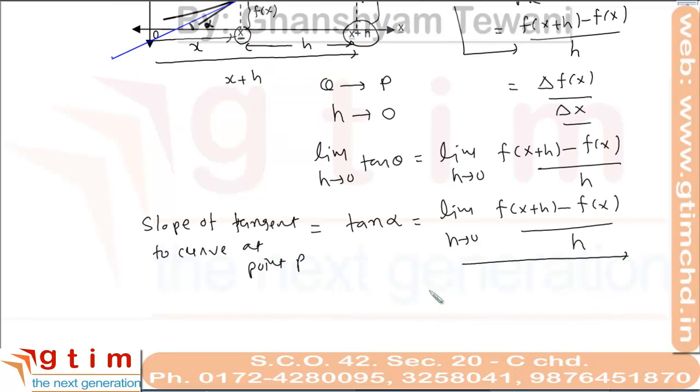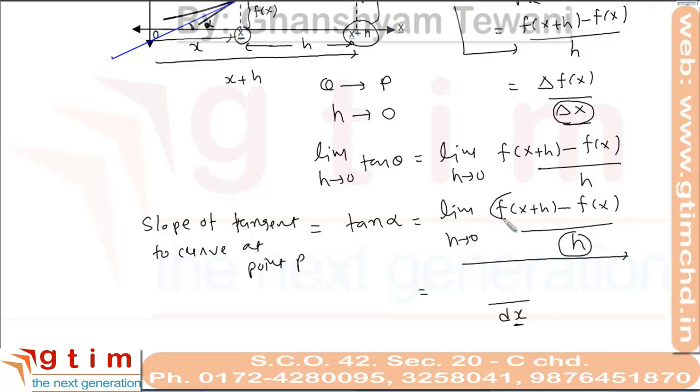Now when h is approaching 0, we can say that this h, which represents the change in the value of x, is infinitely small. The very small quantity we express by dx, the meaning of dx being a very small change in the value of x.